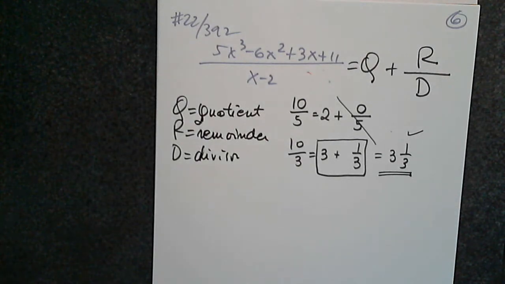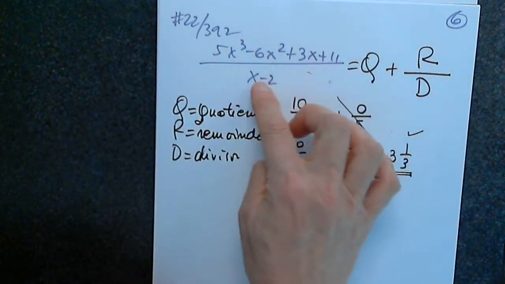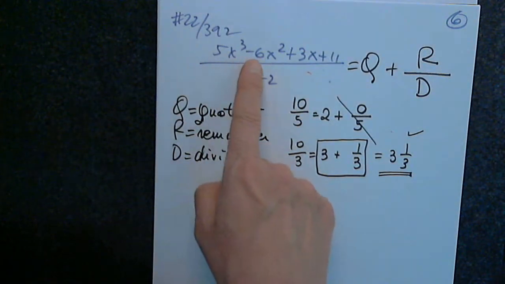Keeping that in mind, let's start the algorithm. Would you like the synthetic division first or the long division? Perfect. Two things we have to worry about: that the polynomials are in descending order, are they? Yes. Now let's look at the top.